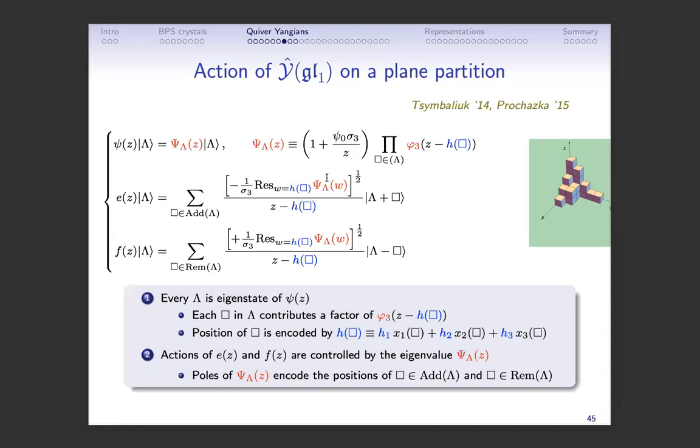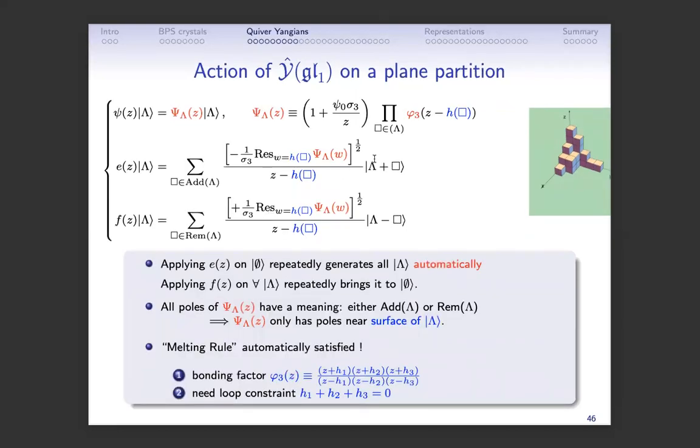The residue of this eigenvalue encodes the positions where you can add a box or remove a box. In particular, all this is automatic. You start from the vacuum, you apply E, and then you can generate all possible plane partitions automatically. Or you start from any plane partition, you apply F repeatedly, and you can bring it back to the vacuum.